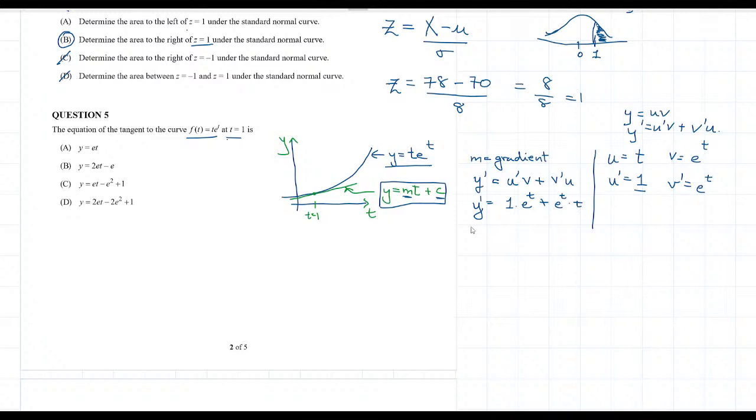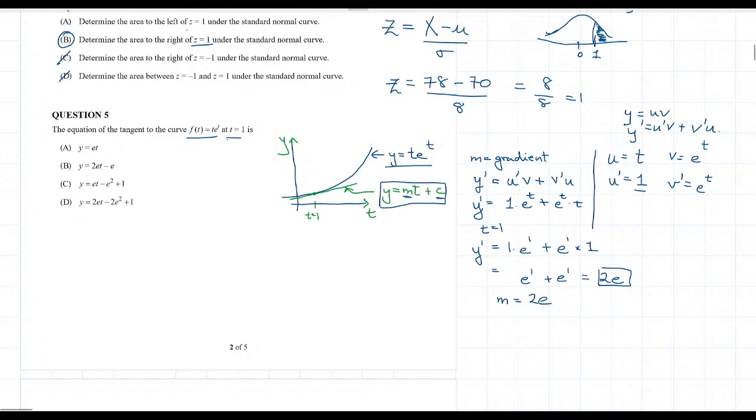Now if we want the gradient at t equals 1, that's what we're going to sub in. So y dash is 1 times e to the 1 plus e to the 1 times 1. That's e to the 1 plus e to the 1, which is 2e. So we know that our m value is 2e.